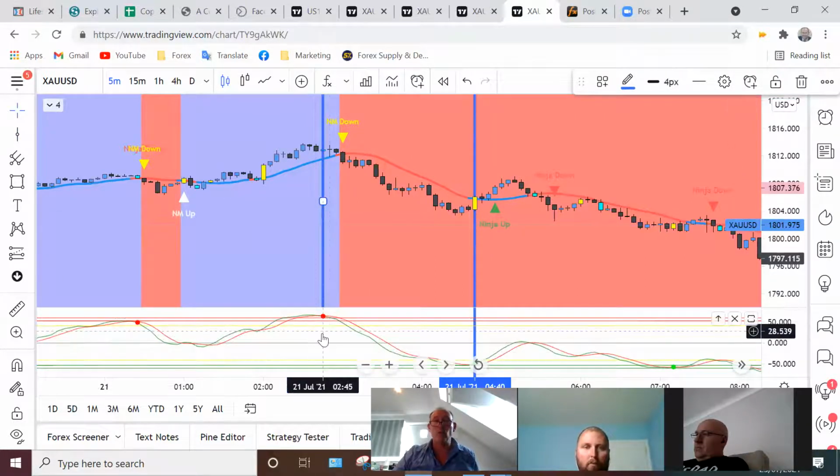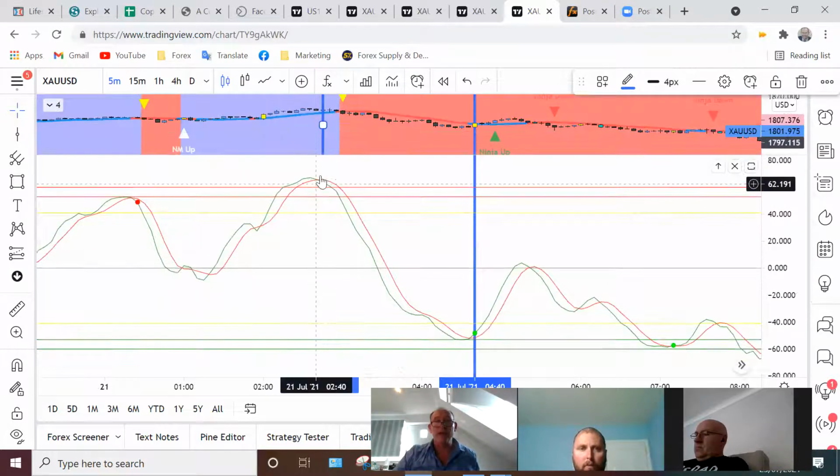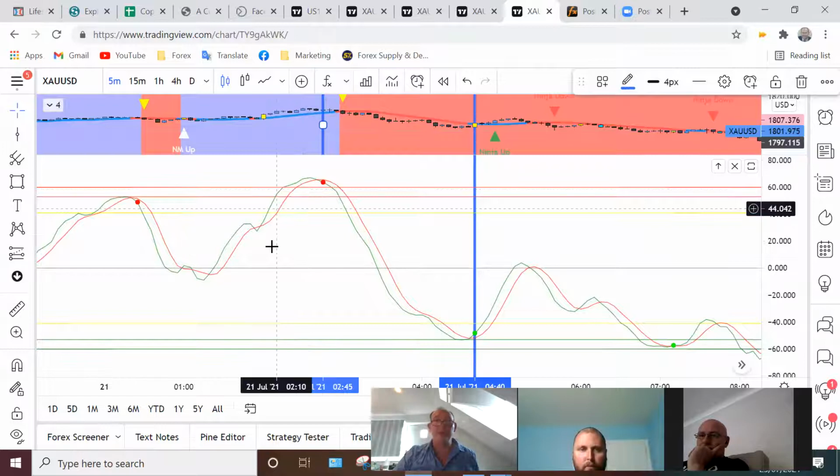So this one here, we have a red dot here. This is like an early warning sign. Something's happening. This is red going on over green, which means this area has been in an extreme, overbought, going up. So if we think of supply and demand, the buyers of this, they're not prepared to pay any more money for whatever it is.